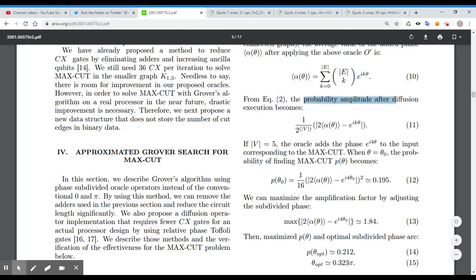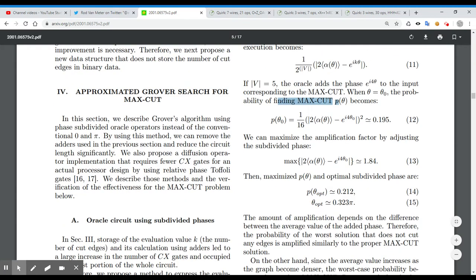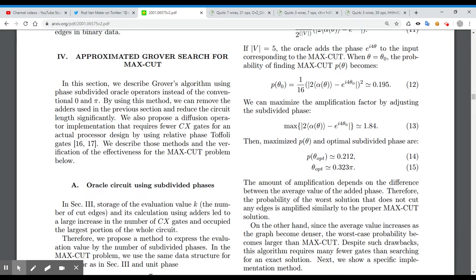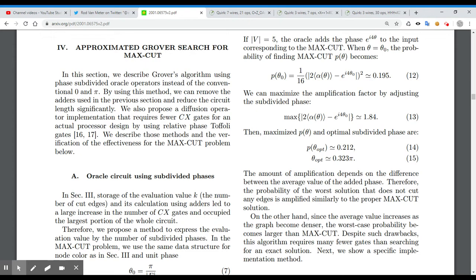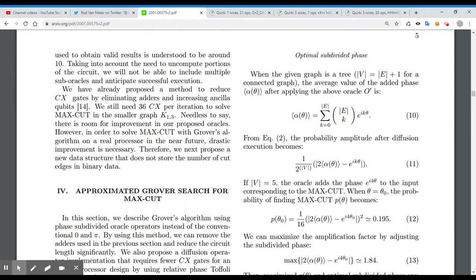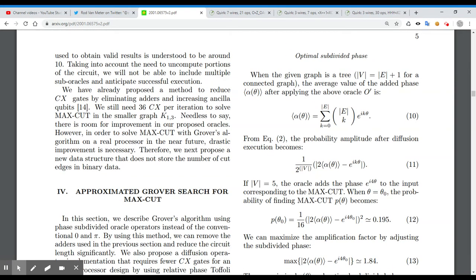So the Oracle adds the phase corresponding to max cut, and the probability of finding the solution becomes this. We can maximize the amplification factor by adjusting the subdivided phase. After diffusion it becomes this.